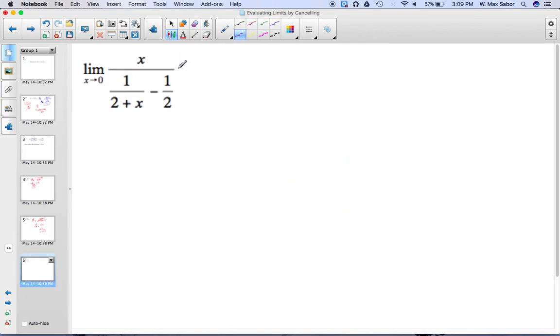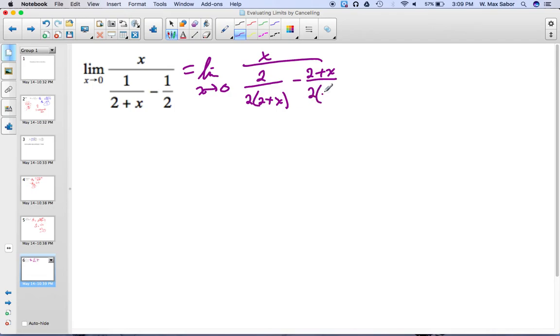Here's a more interesting one. We can't directly cancel things out here, but we can, say, get the denominator to be something simpler. If we write this as 2 over 2 times 2 minus 2 plus x, minus 2 plus x over 2 times 2 plus x.